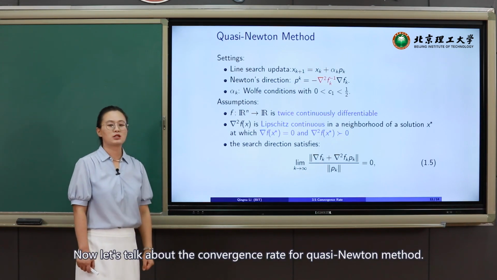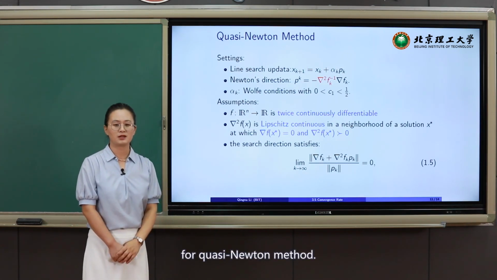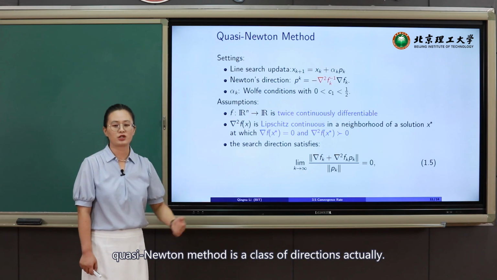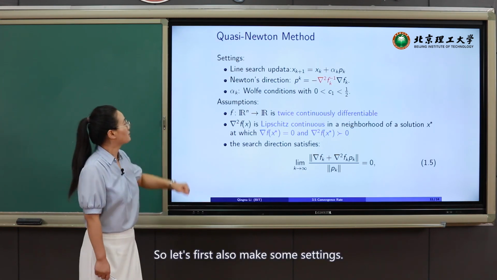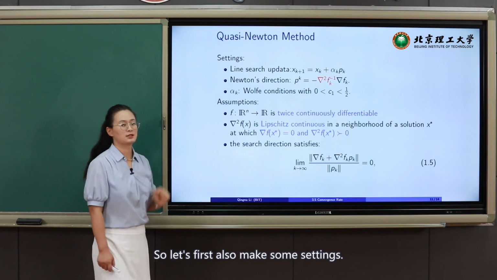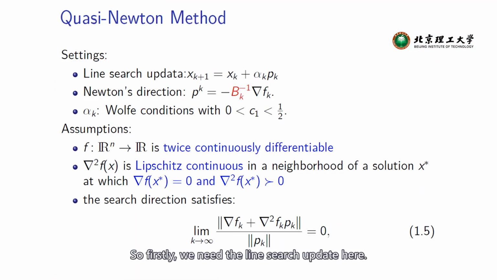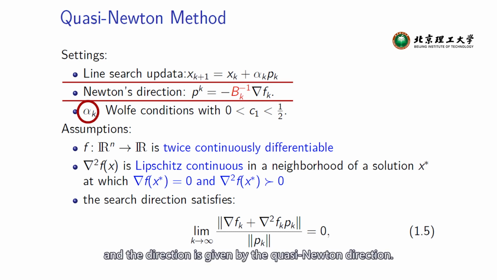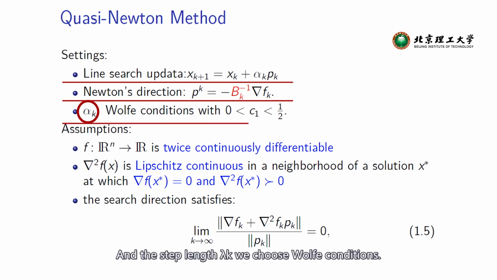Now let's talk about the convergence rate for quasi-Newton's method. Recall that quasi-Newton's method is a class of directions. Let's first make some settings. Firstly, we need the line search update here. We have the step length alpha_k, and the direction is given by the quasi-Newton direction. For the step length alpha_k, we choose the Wolfe conditions.